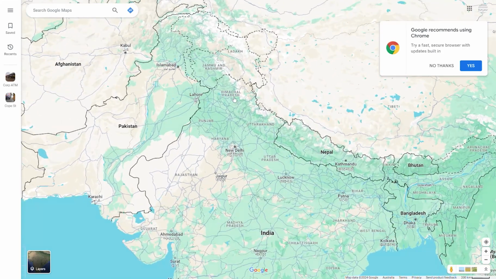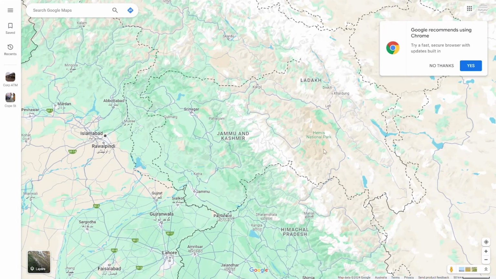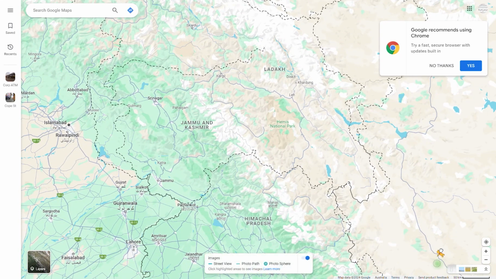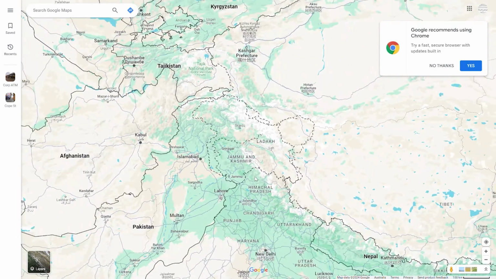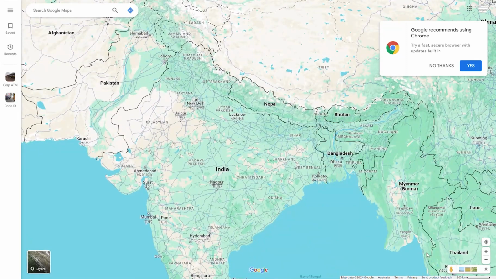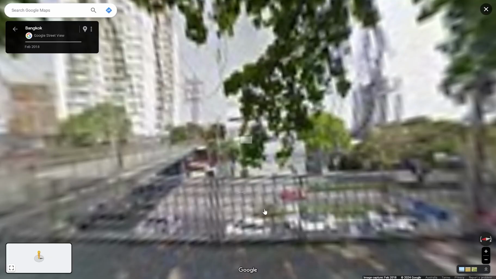If I jump over to Google Maps, we can see Jammu and Kashmir up here, and you'll note that there's no coverage here. There's a few isolated trekkers and there's some unofficial coverage, but you should never encounter Jammu and Kashmir in GeoGuessr, compared to, say, all of the rest of India, which has huge amounts of coverage.